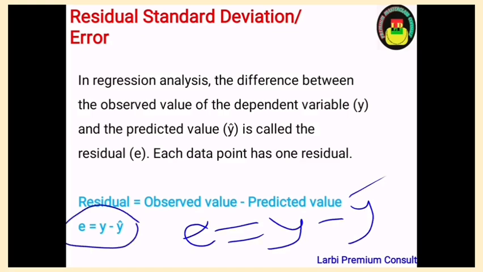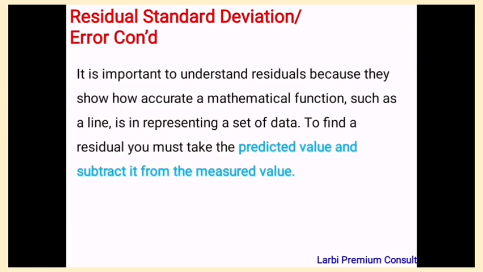So this is what we are actually talking about: a residual, standard deviation, or an error. It's important to understand residuals because they show how accurately a mathematical function, such as a line, represents a set of data.